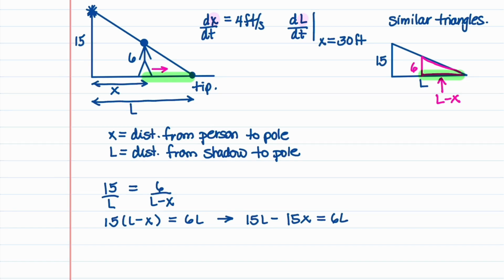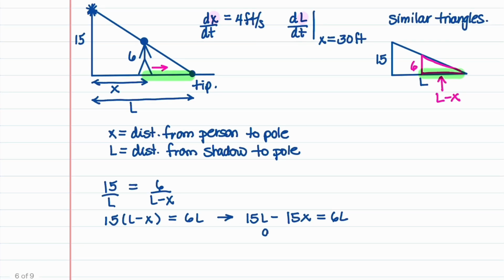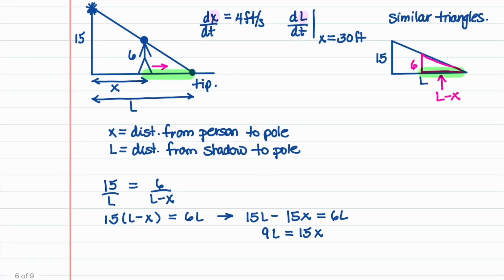So if we keep the L's on the left, we're going to have 15 minus 6, so that is 9L, and we get 15x on the right. And we want to find dL/dt, so let's solve for L. So this gives us that L is 15 over 9 x. And let's see, we can divide 3 into both of those, so we get 5 over 3 x.